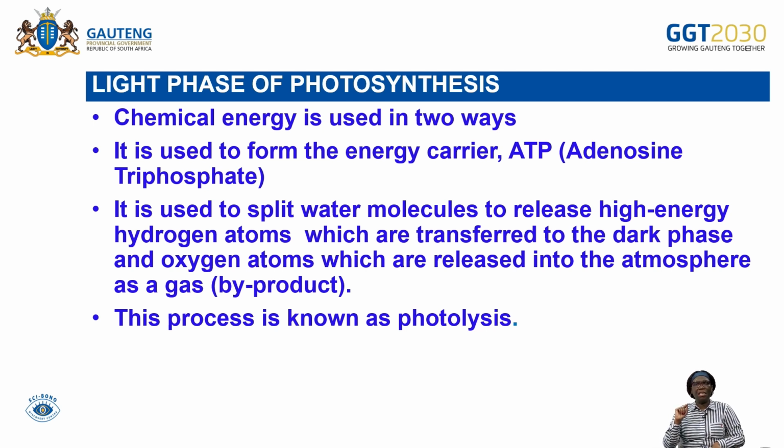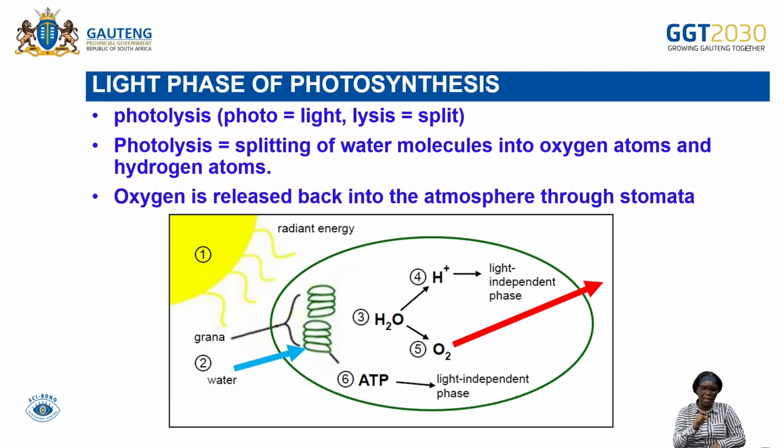The chemical energy is used in two ways. It's used to form the energy carrier, ATP, and then also it has split water molecule to release high energy hydrogen atoms, which were transferred to the dark phase, and oxygen released to the atmosphere as a byproduct. This process is known as photolysis. Photo, it occurs in the presence of light. Photolysis, light splitting, photo light.